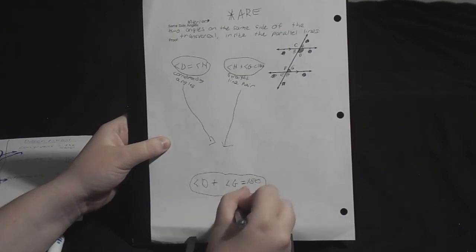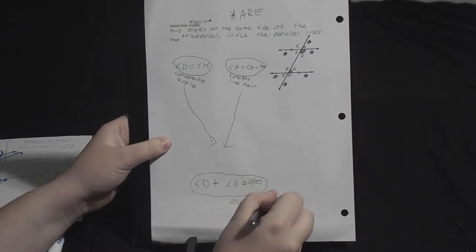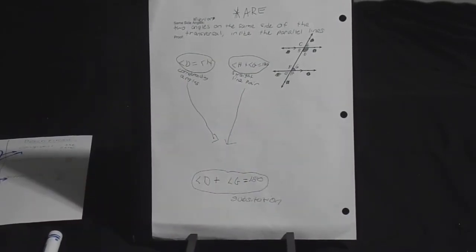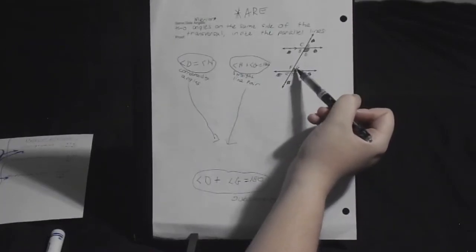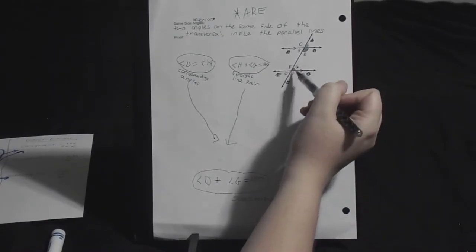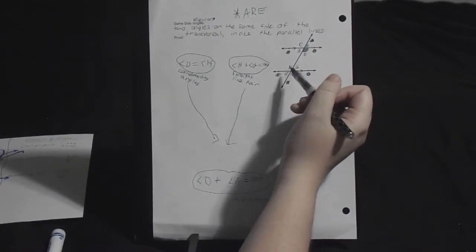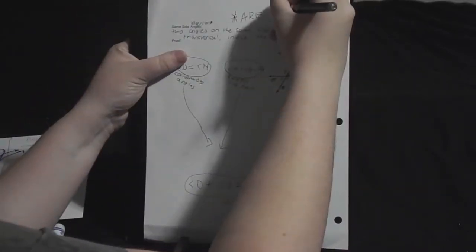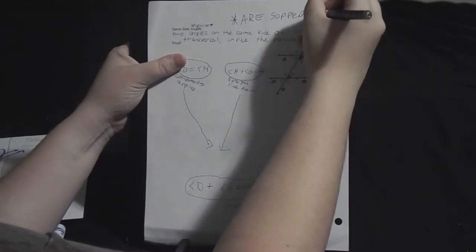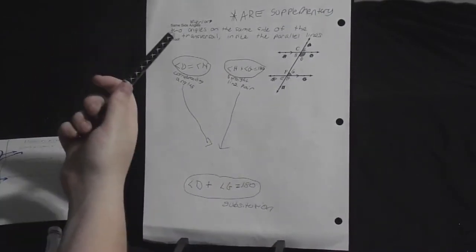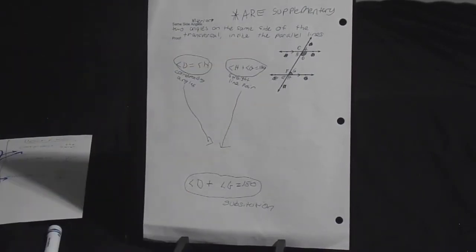And we did that through substitution, because we substituted the D in for that H. And so what we've proven is that angle D and angle G also add to 180, just like G and H do, because H and D are just the same, because they're corresponding. So if they are same side interior angles, it means they are supplementary. Because remember, supplementary means to add to 180. So the description word for same side interior angles is that they are supplementary.